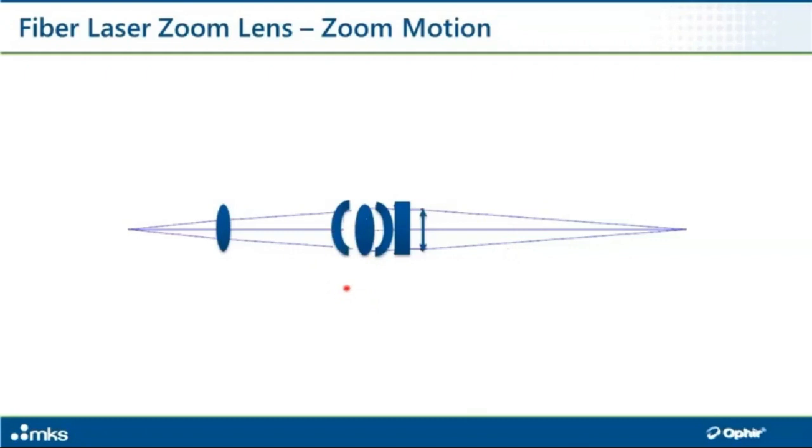Now you can see the diameter of this beam, and you will see that the diameter of the beam will be changed as a function of the position of these lenses, which means that the focal length of the lens is changing per the position of these lenses.